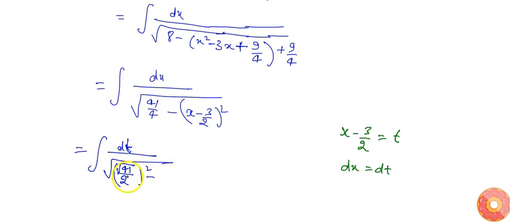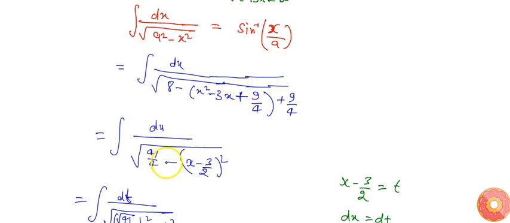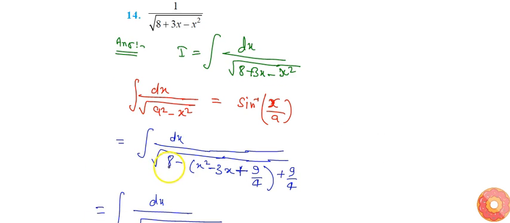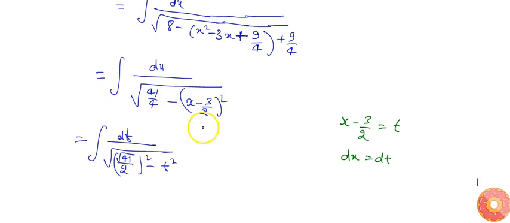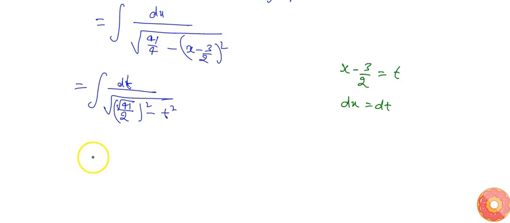Now I can compare with our formula, integral dx by root of a square minus x square equals sine inverse x by a. So it will be sine inverse of t by a, which is root 41 by 2. So 2 will be in the numerator, plus c.